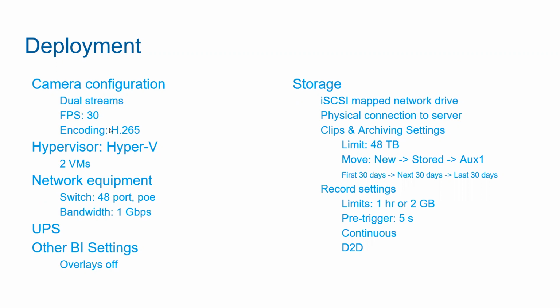He's got 3 tiers: new, stored, and aux, and he divided it up because it makes it easier to look at. By doing that he was able to put the files in different buckets: 30 days, the next 30 days, and the final 30 days. Recordings were 1 hour or 2 gigs for each camera, and pre-trigger was 5 seconds, continuous recording, and then direct to disk.